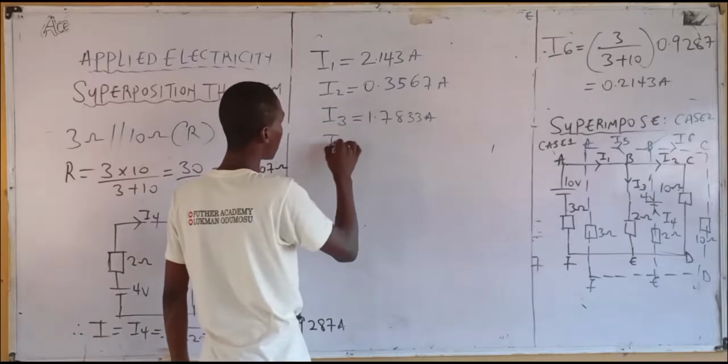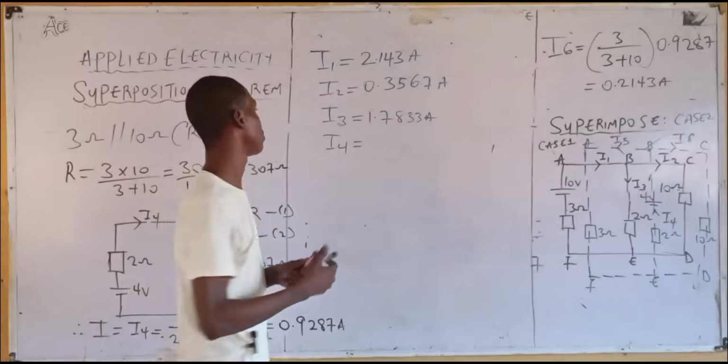The value of I4? 0.9287 ampere. The value of I5? 0.7143 ampere. Then I6 is 0.2143 ampere.